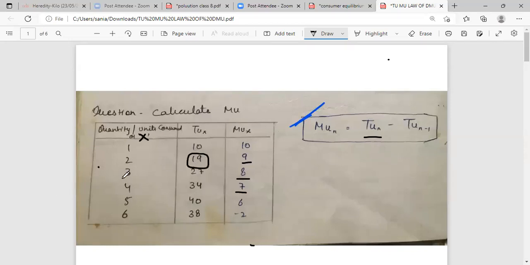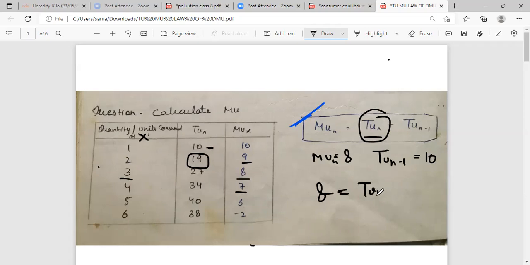Okay, maybe you can say MU is given. Your MUN is basically 8, and your TUN minus 1 is 10. Okay, because this will be your TUN minus 1. You have to find TUN. Okay, so you will put simply 8 equals TUN, which is not given, minus 10.